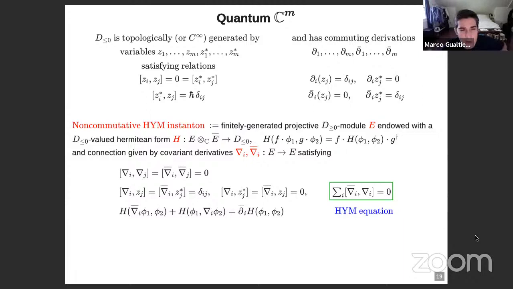So instead of taking a non-commutative space and then doing gauge theory on it? No, the space is non-commutative, but it contains a commutative part. These holomorphic variables are commuting. Yes. Z bar is not commuting. The real space is not commuting, but contains a commutative space, and if you consider things which are D bar invariant, you actually get a commutative algebra. One can also consider Z to be non-commuting as well.